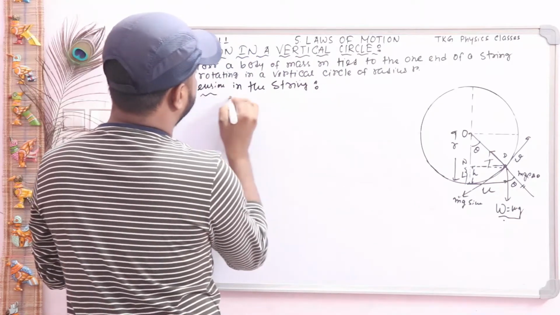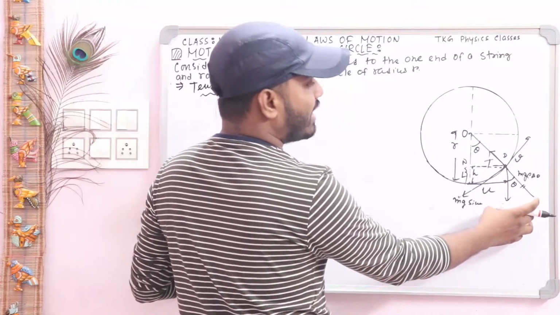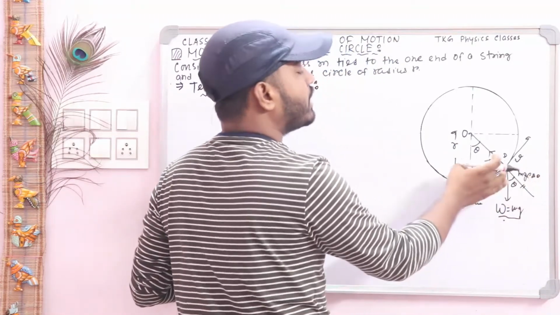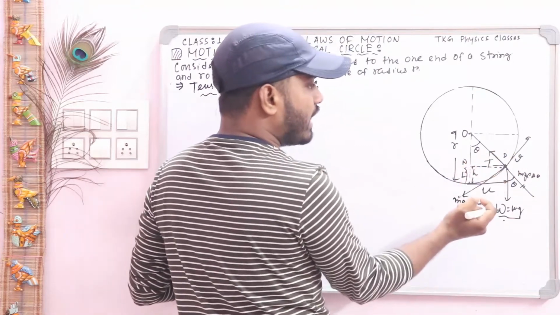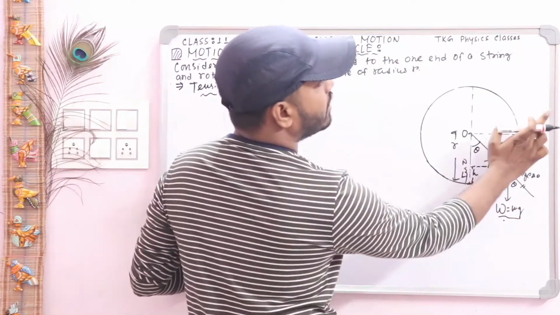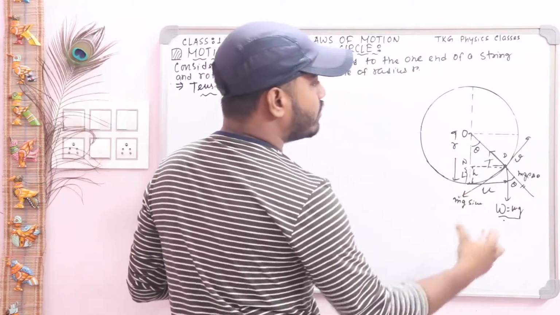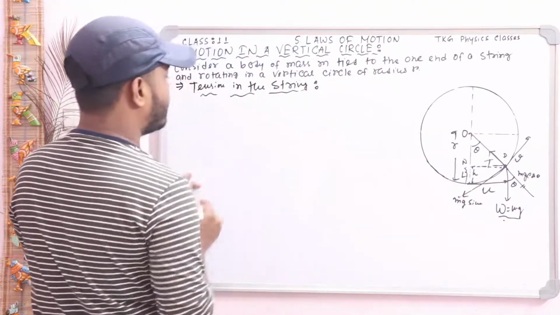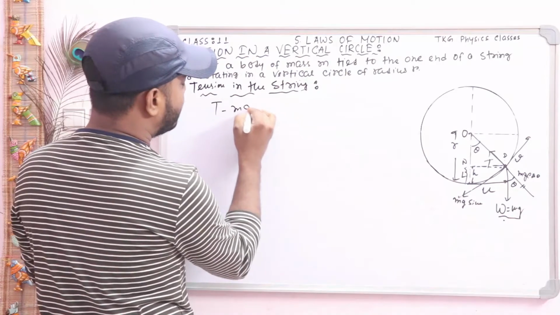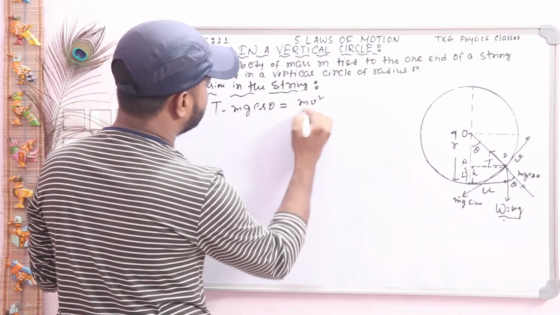Now you see, at first you write, here mg is divided into two components: mg cos theta, which is directed opposite to the tension force T, and mg sin theta, which is directed opposite to the direction of V. You see V is upward and mg sin theta is just opposite to the direction of V. So here the net force, that is T minus mg cos theta, this amount of force provides the centripetal force.